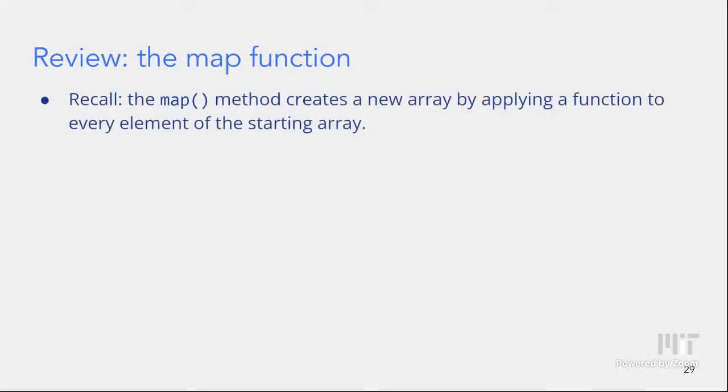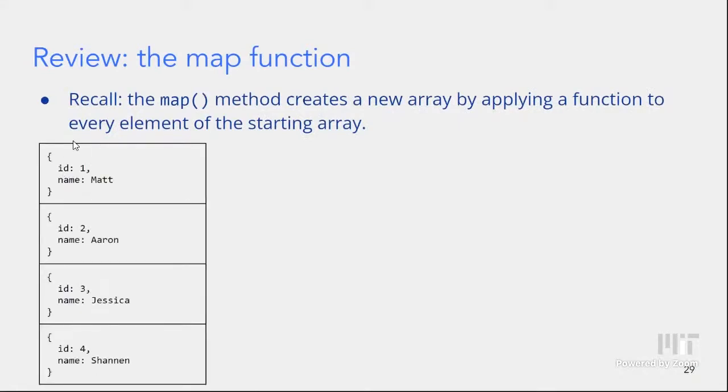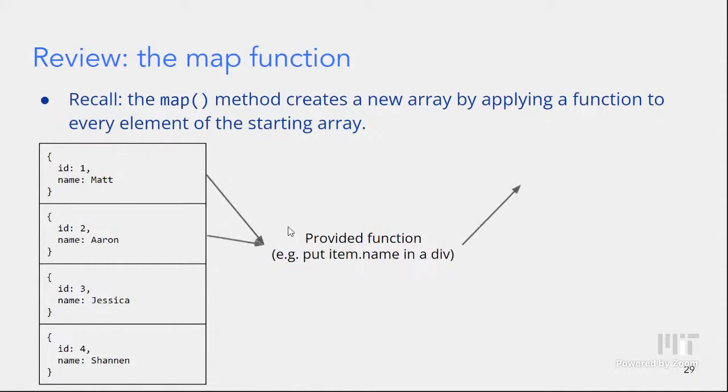We have this function in JavaScript called the map function. What it does is it takes an input array and creates a new array by applying a function to each and every element of the input array. Say our input array is just this array of JavaScript objects, and the function that we provide puts the name in each object in a div. Then the map function will apply the function on each of the elements individually to create a new element for each of the objects.